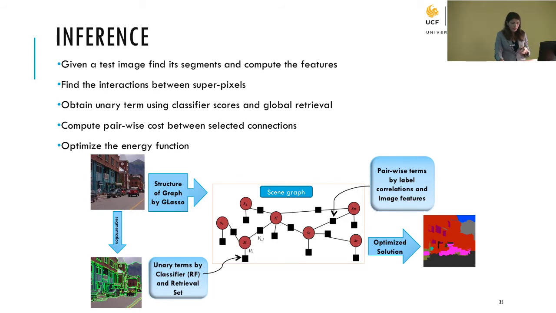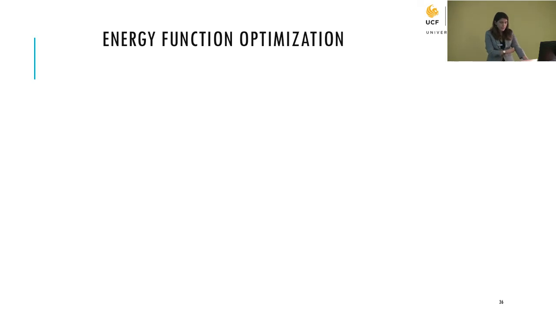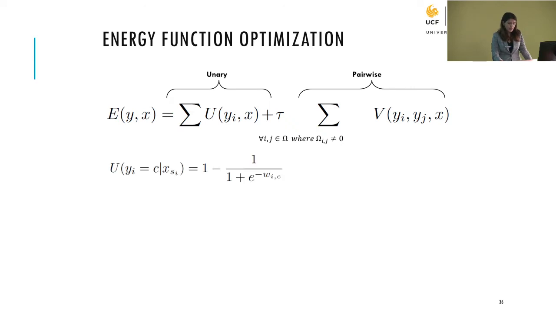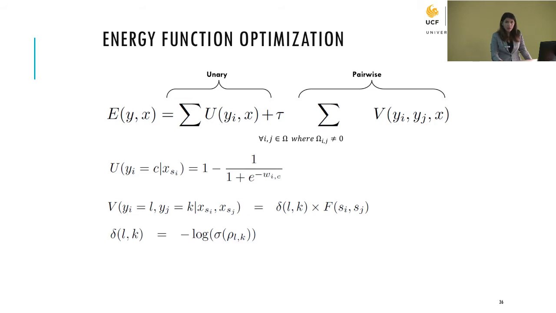So for energy function optimization, we have this energy function, which has a unary term and a pairwise term. The unary term is simply a sigmoid function over the refined confidence scores from the classifiers. And the pairwise term has two terms. One is delta, which encodes the correlation between labels. This rho comes from the precision matrix of the label graph that we found in training.